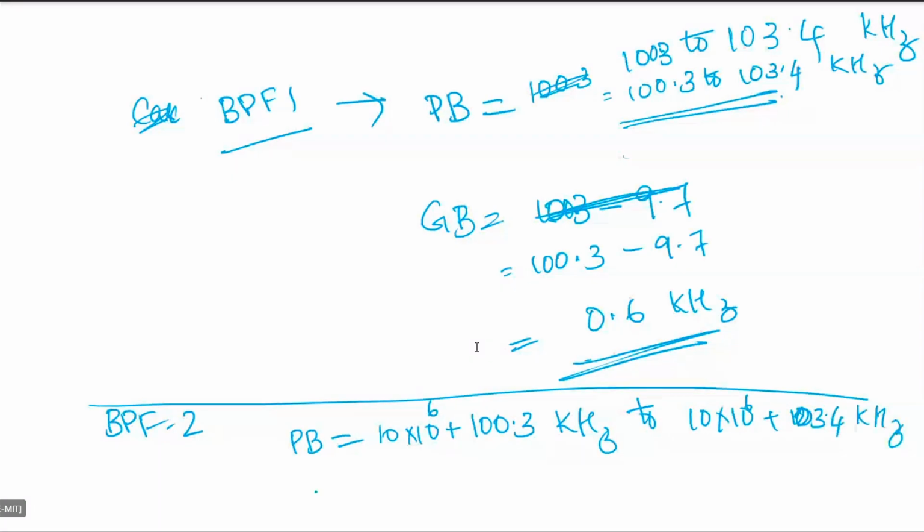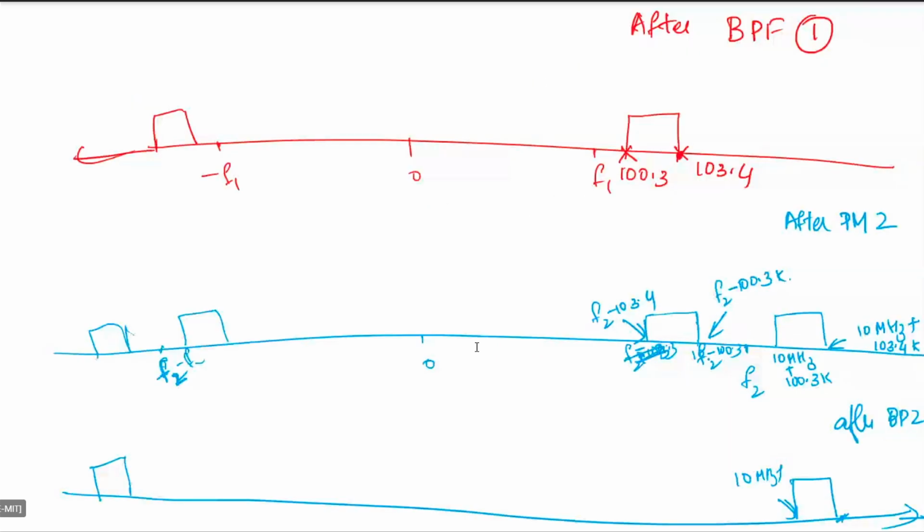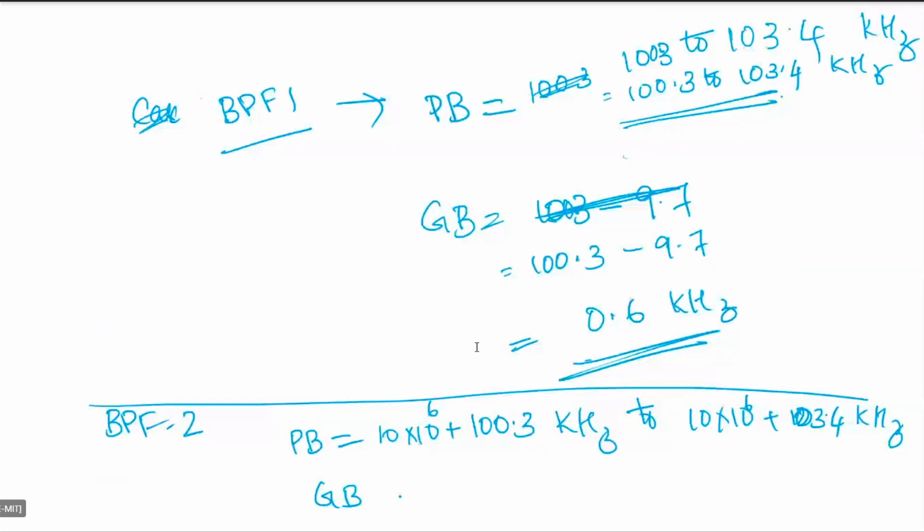So this is the pass band, and the guard band is this way: 10 plus 100.3 to 10 minus 100.3. So around 200.3 is the guard band of the second filter.